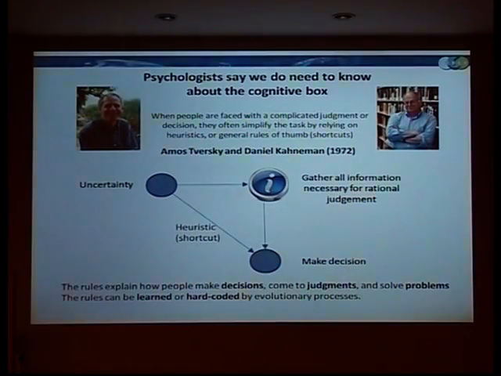They don't gather all the information that's necessary. They take a shortcut. So these rules or shortcuts basically explain how people make decisions, come to judgments and deal with problems. These rules can be either learned or they can be hard-coded through genetic processes.